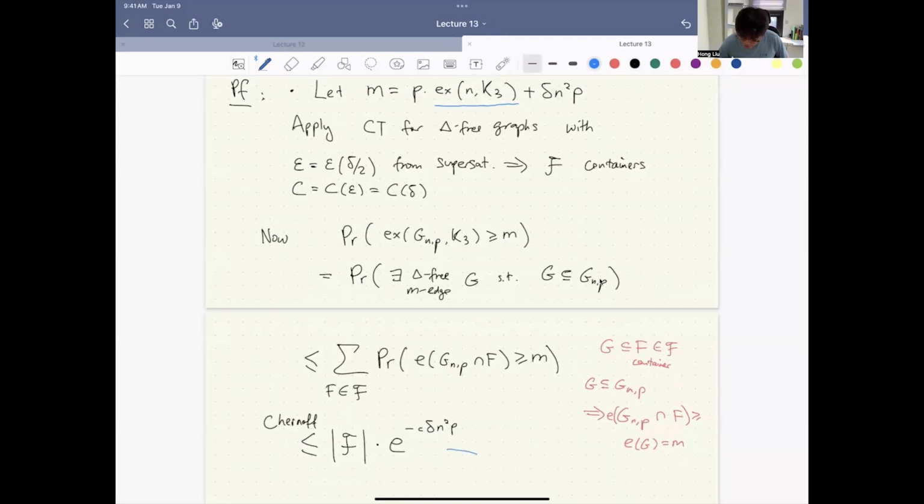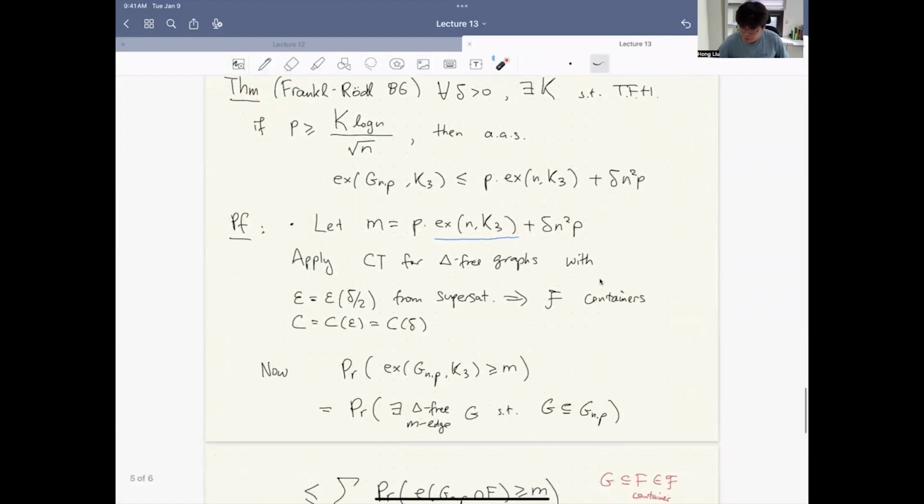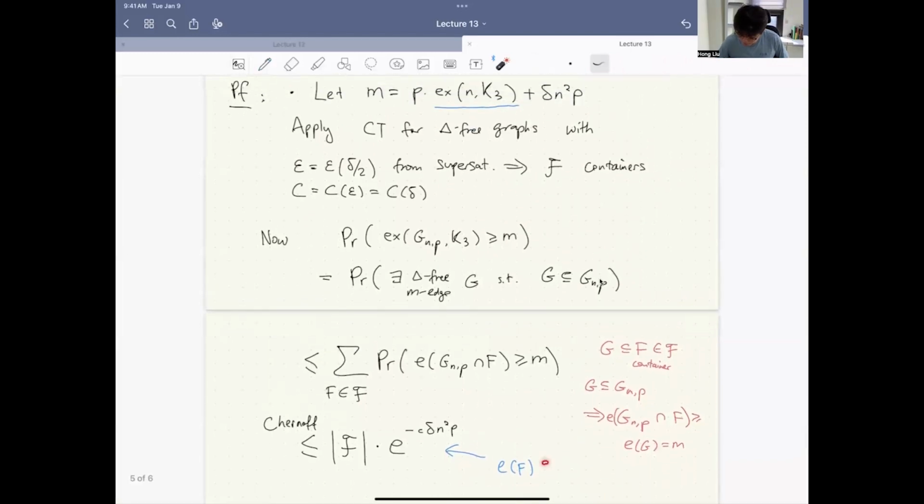E of F, by the last item, is at most this, plus, since we apply with delta over 2, delta n squared over 2. So this intersection in expectation should be p times this guy times p times this guy. We are half of this above the expectation.